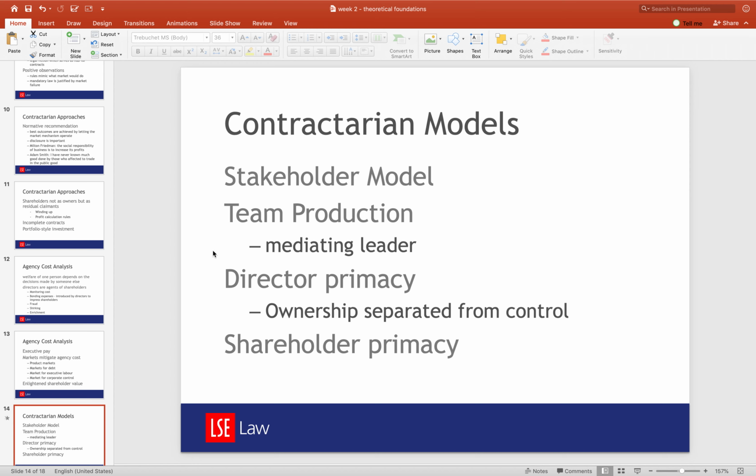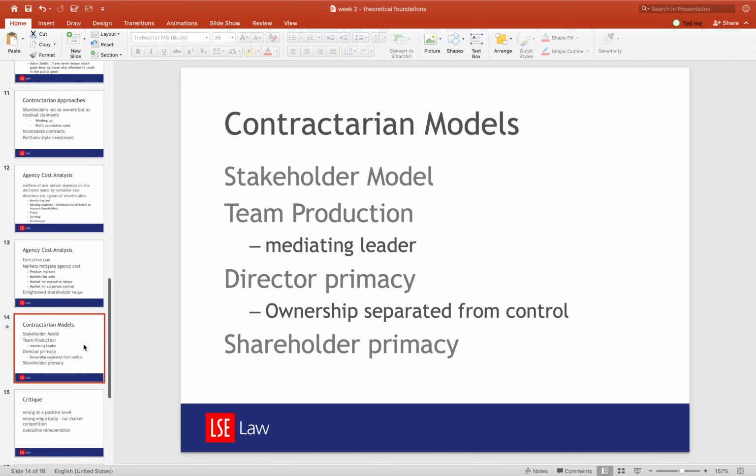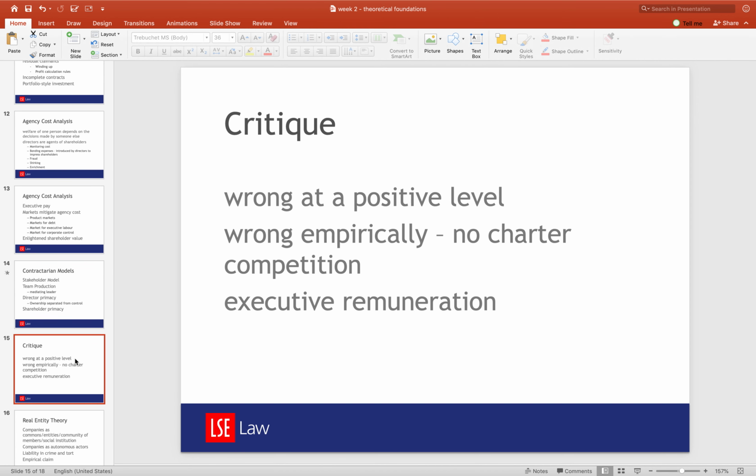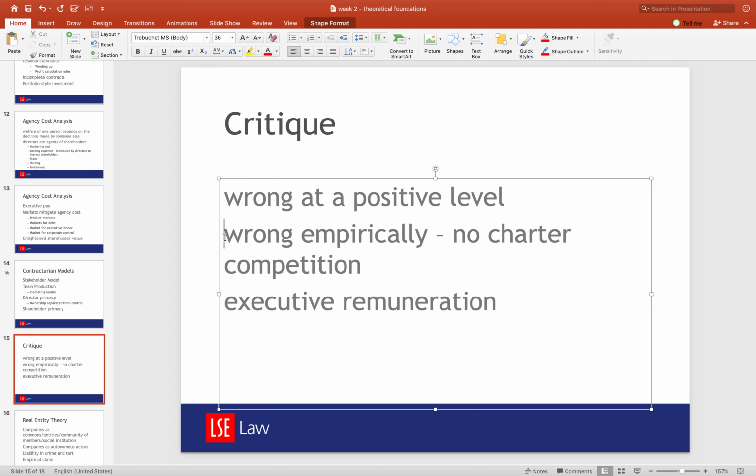There are various expressions of these contractarian models, and they are set out in the reading, so I won't go into them here. A critique of that approach is that it's wrong at a positive level because it ignores the existence of the company. It's also wrong at an empirical level, and there is in your reading an overview article that says people have tried to look for this market, but there's, for example, no charter competition.